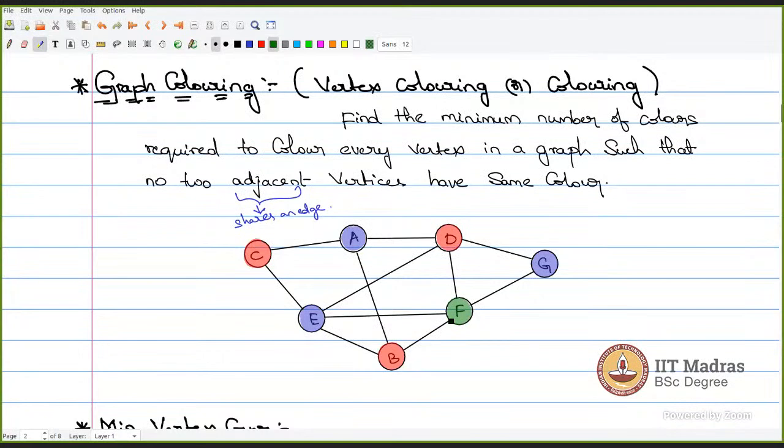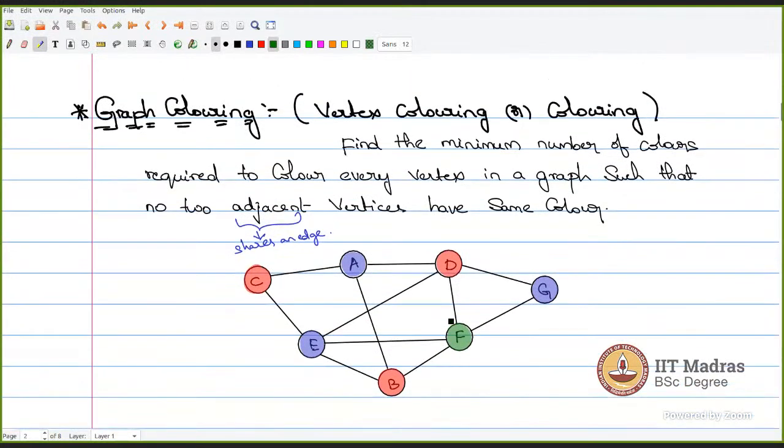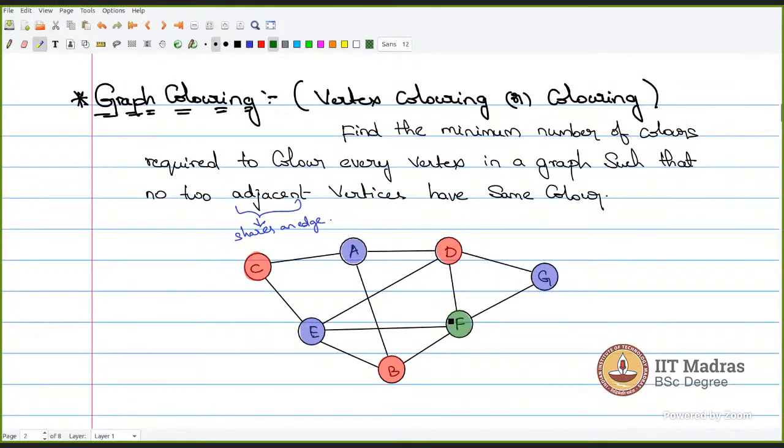Okay. So is there any particular importance of this concept? Of course, a lot. See, graph coloring is a key topic in graph theory. Even in your graded assignments or practice assignments, we have given you many questions that involve real life scenarios where we use graph coloring.